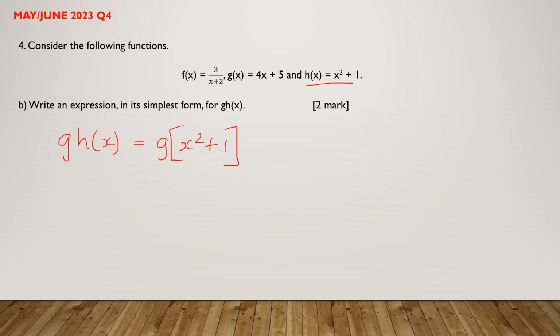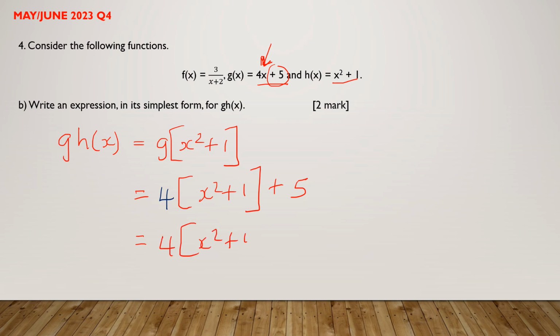Then we know that g is 4x plus 5. So we are multiplying x by 4. So we write the 4, open the bracket, x squared plus 1. And then we're adding 5. So our answer is 4 times x squared plus 1, plus 5.